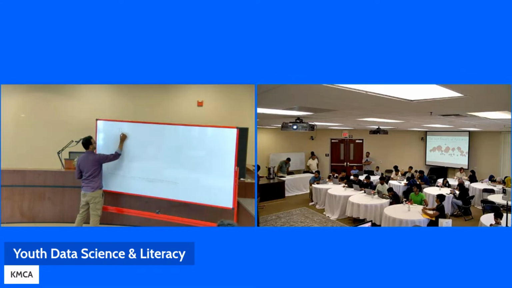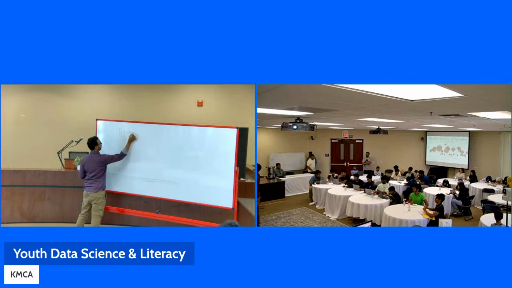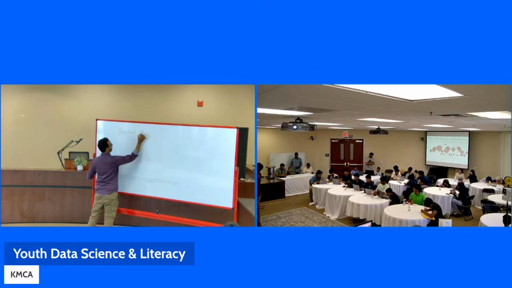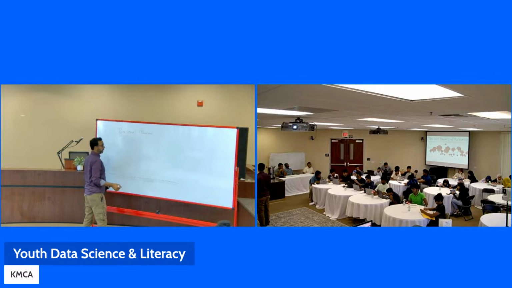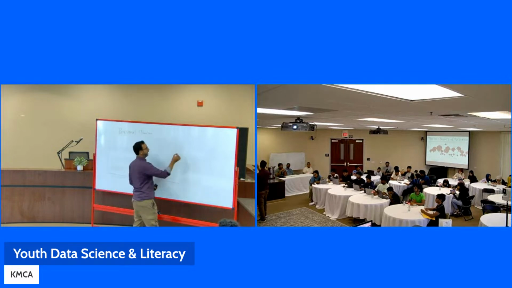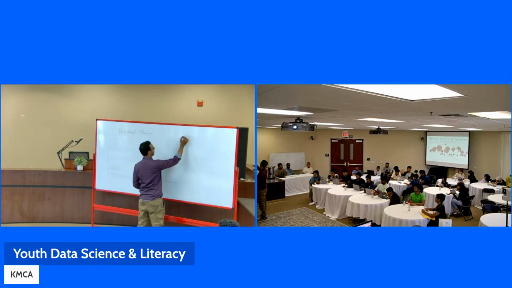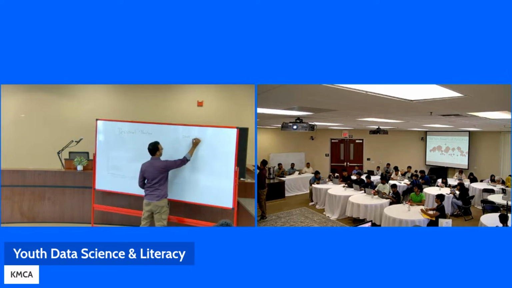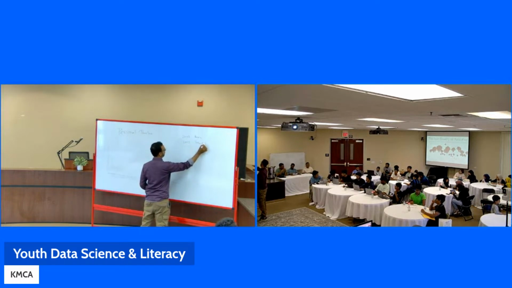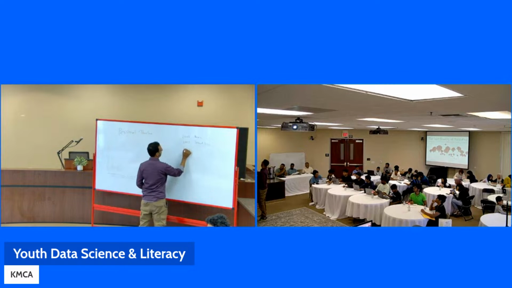So, personal timeline. You can start by maybe writing it in a tabular format, like, hey, 2007, I was born. 2012, joined school. 2016, moved to Bay Area.